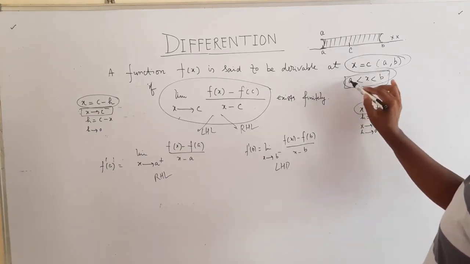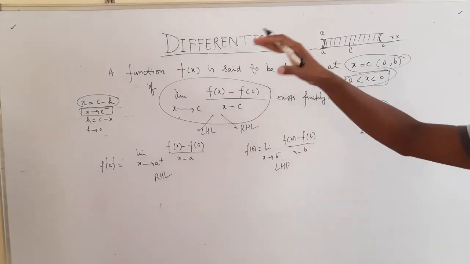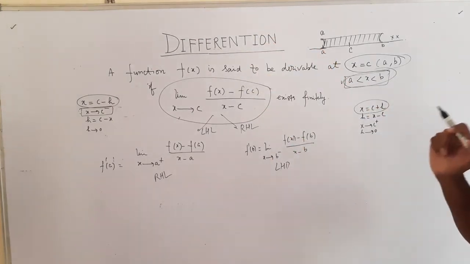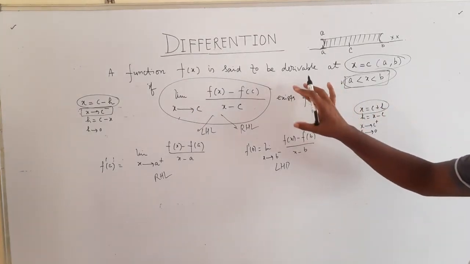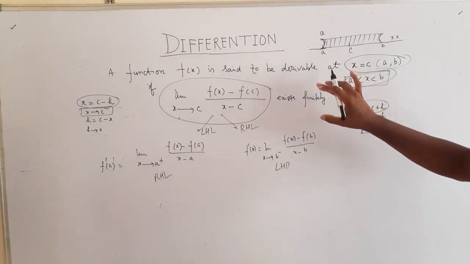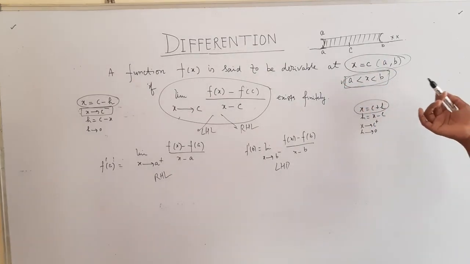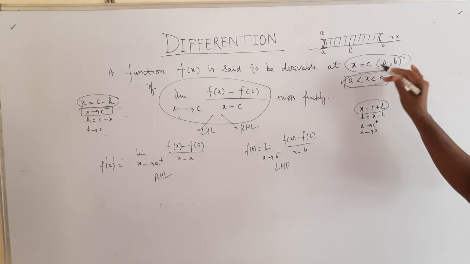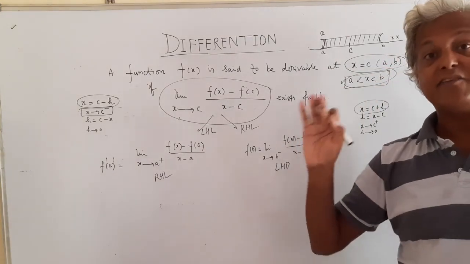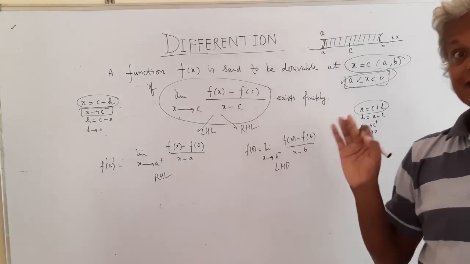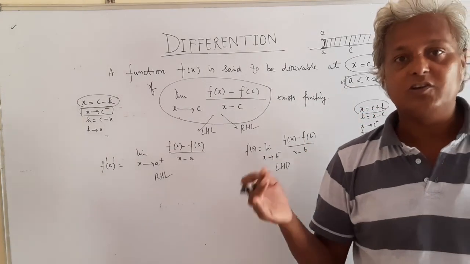Before a you can't find, and after b also you can't find. So this is how you have to test whether a function is differentiable in an open interval or closed interval: go by the definition of the intervals, and at each and every point within that interval and at the end points also, you have to check the differentiability, and then only you can find the answer.